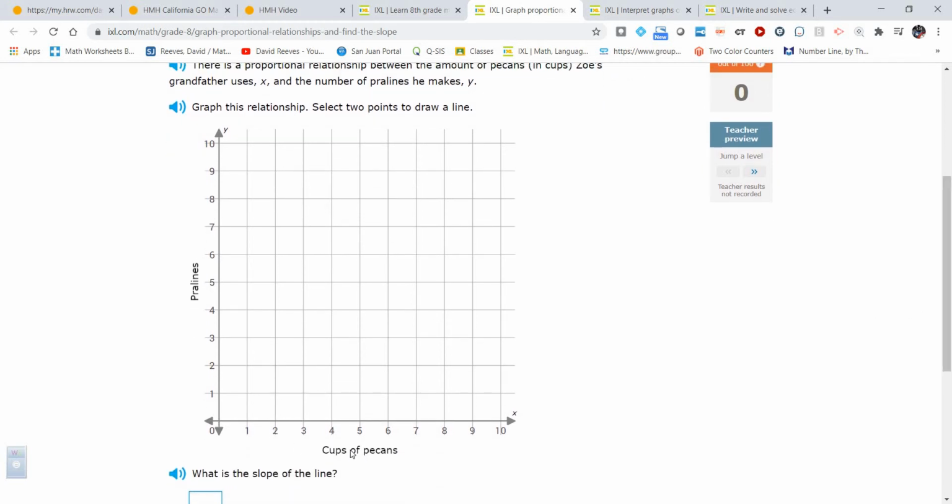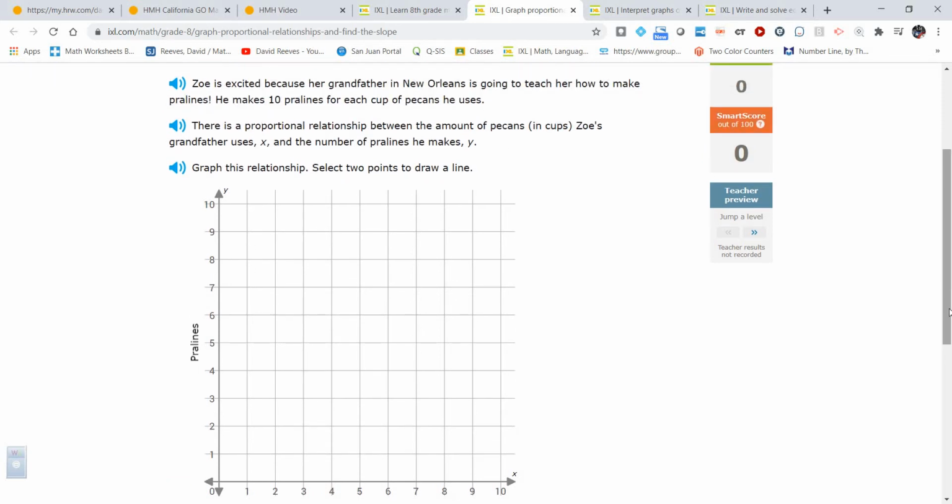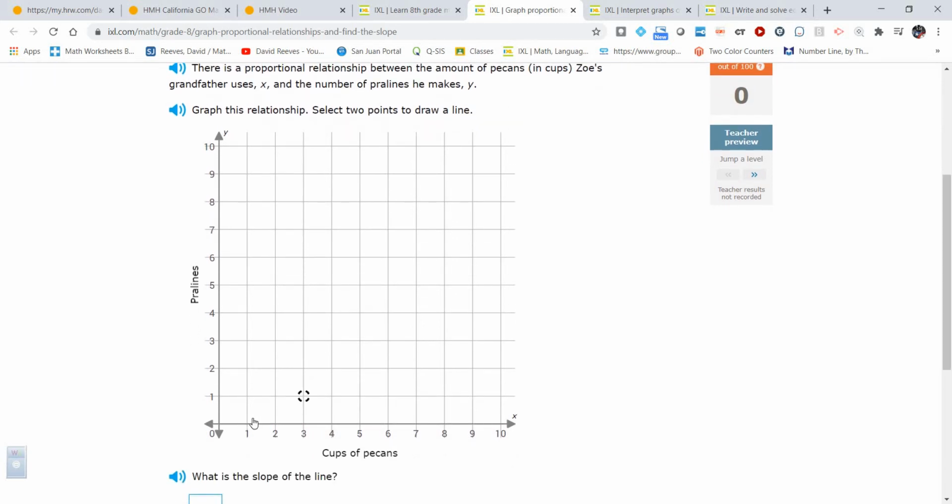Cups of pecans is on the x-axis, pralines is on the y-axis, and it says he makes 10 pralines for each cup of pecans. So if we go right here to cups of pecans, 1 cup of pecans is 10 pralines.